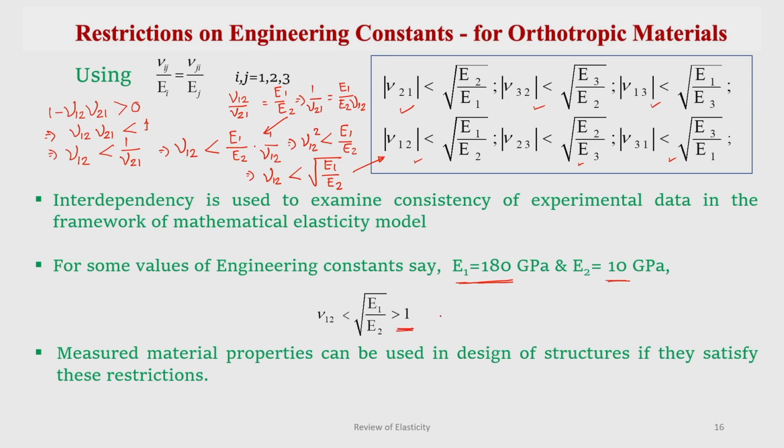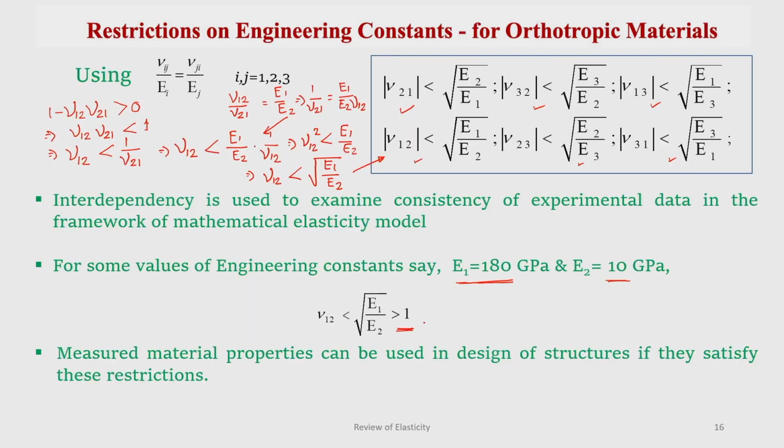Now, in isotropic elasticity, we know that the Poisson's ratio cannot be greater than 0.5, but this is possible in the case of orthotropic material. However, it has to be checked for the other interdependencies, that it satisfies the other conditions.